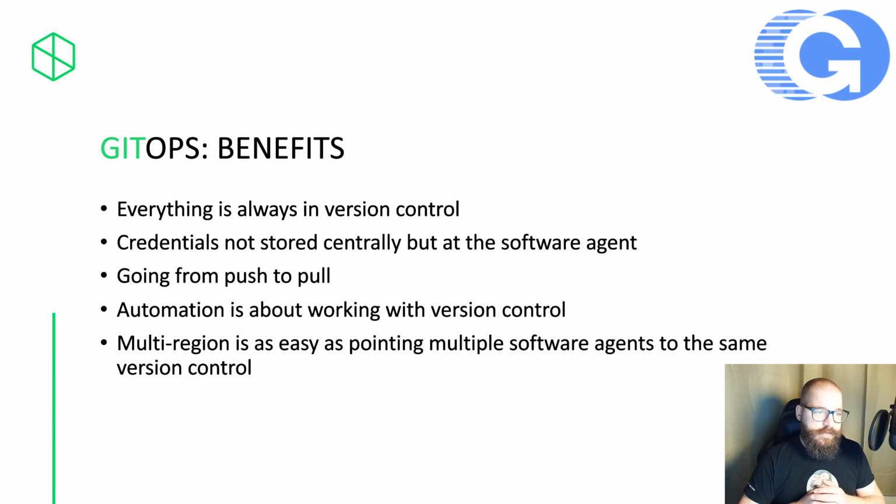So the benefits of GitOps, there are quite a few, but the main thing that's really nice is everything is in version control. The second thing is that now the version control, or perhaps the GitHub or Azure DevOps, doesn't actually have to store the credentials for the system you're deploying to, but the system itself will have credentials to the configuration.